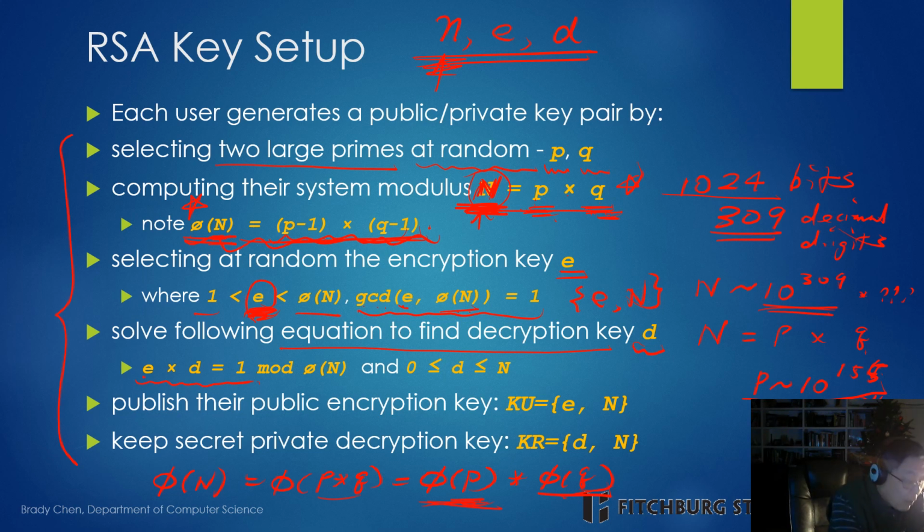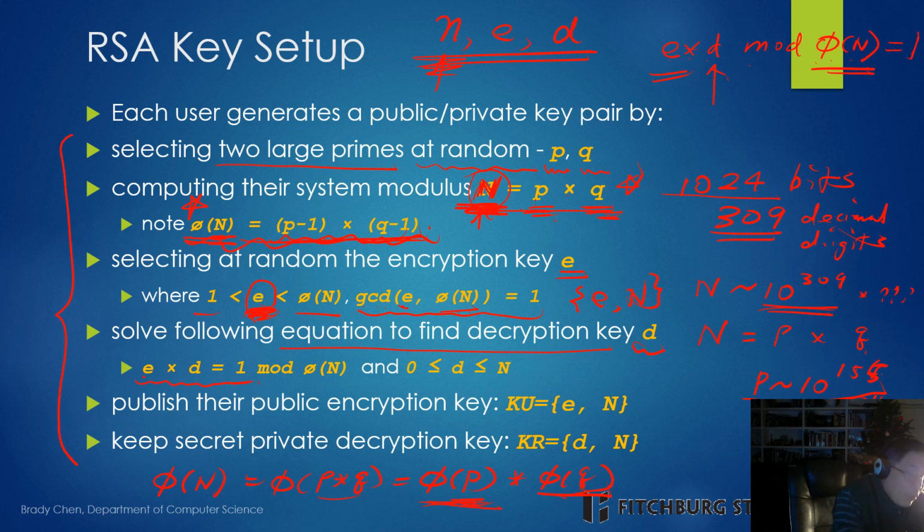In other words, we try to find a d such that E times d modulo phi of n is 1. We know E, we know phi of n, and we try to find the d such that E times d modulo phi of n equals 1.